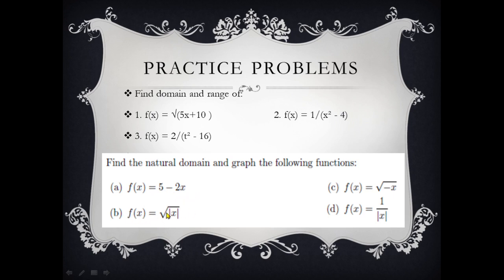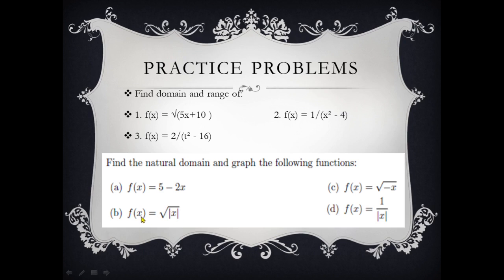Here f of x equal to square root of 1 by mod x, so x can be any value, even a negative value, since the modulus of a negative value will be a positive value. So x can be any real value. The domain can be any real value, the set of all real values.